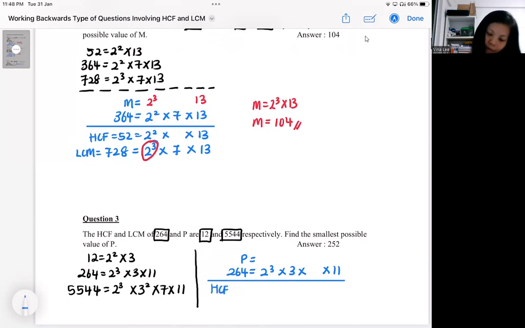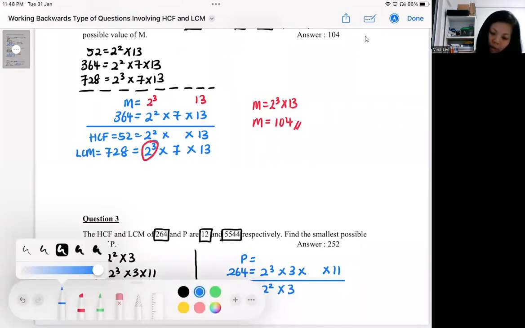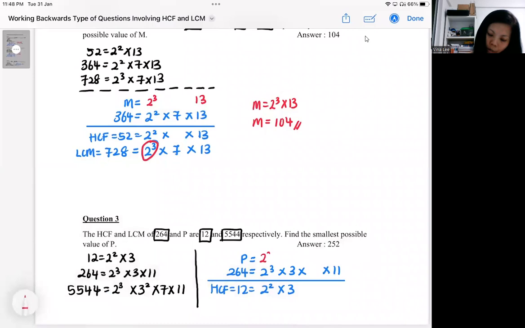The question says the HCF is 12. That means it should be 2 square. If P has a 2 square, then I can take 2 square as the common factor. And then 3. Both of them must have 3, or maybe it can be 3 square also, but I'm taking the smallest.